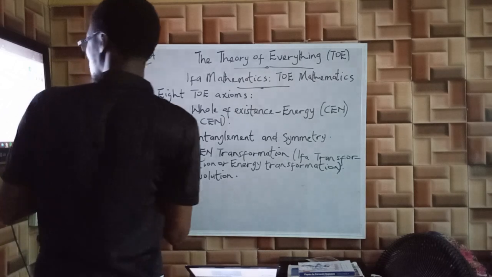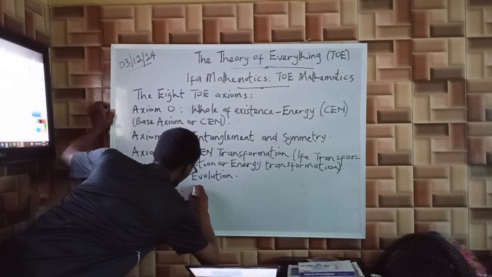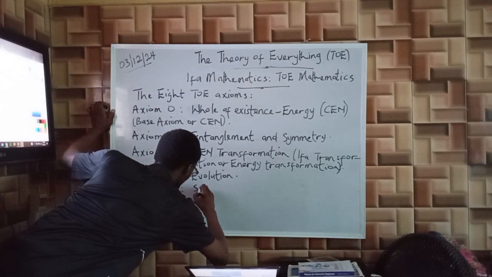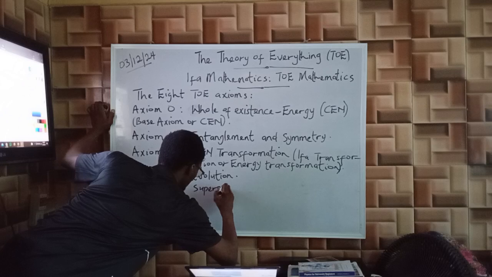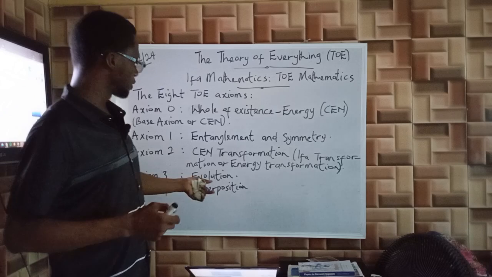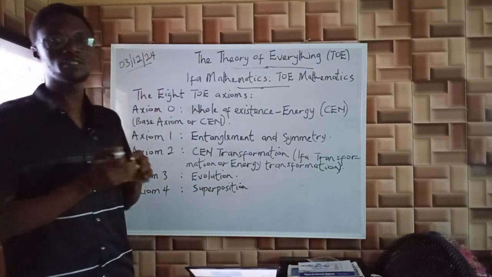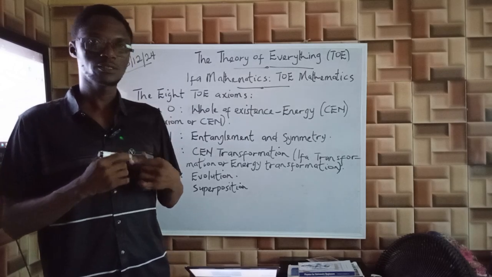Axiom 4 is the next one. So axiom 4 is about superposition. So this axiom deals with what is called the measurement problem in quantum mechanics.